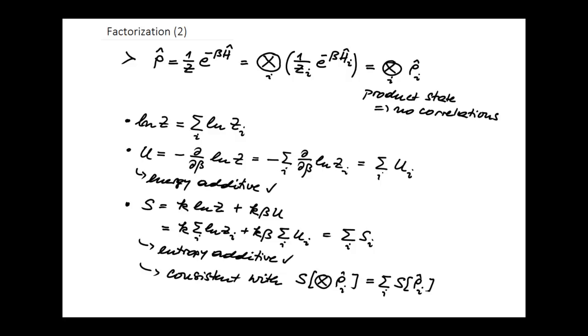And that is, of course, consistent with what we just found, that the entropy of the total system is the sum of the entropies of the parts. So these are very general properties that are not true only for the specific example, but they are true generally, and we will use them again in the future.